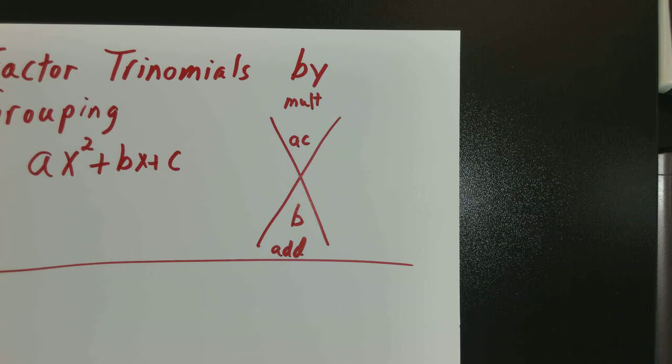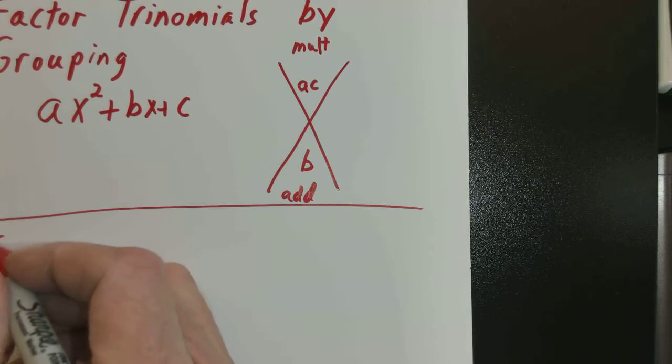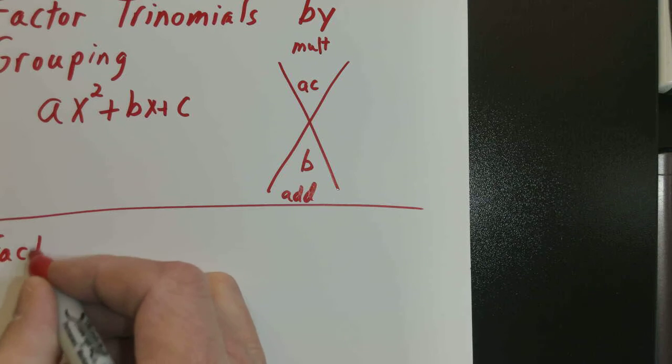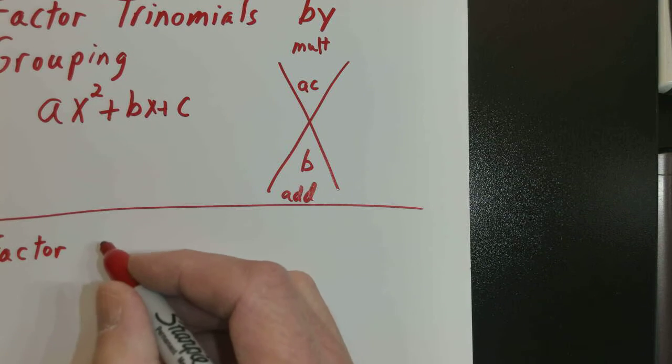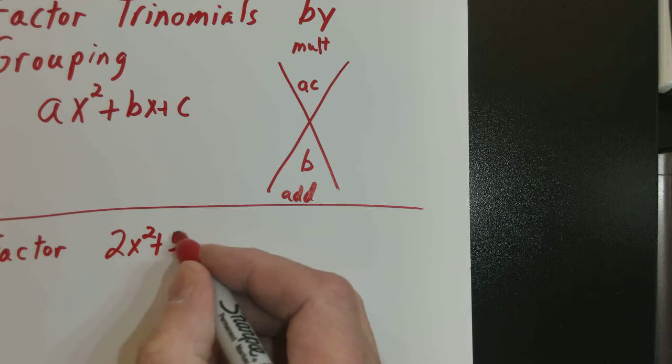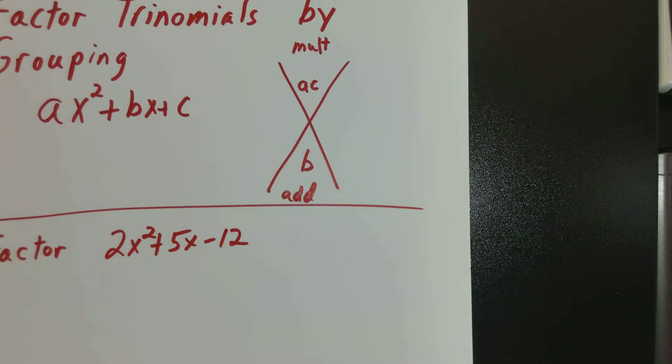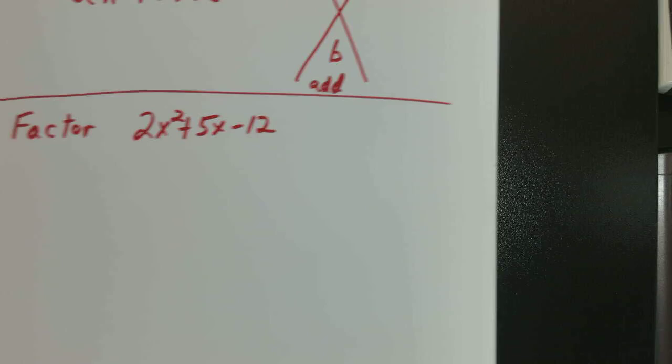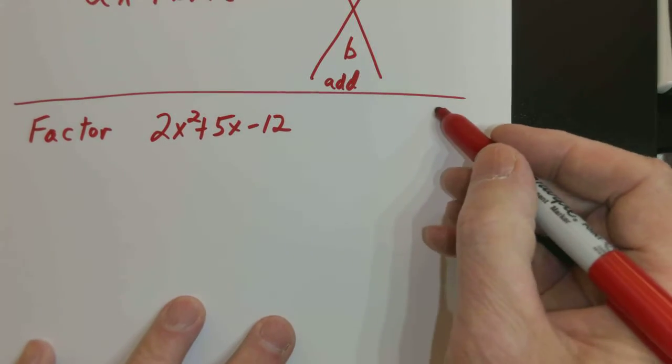So, that's just a little background. Let's look at an example. Let's factor 2x squared plus 5x minus 12. All right.